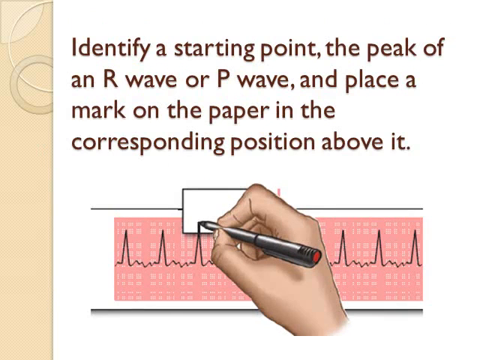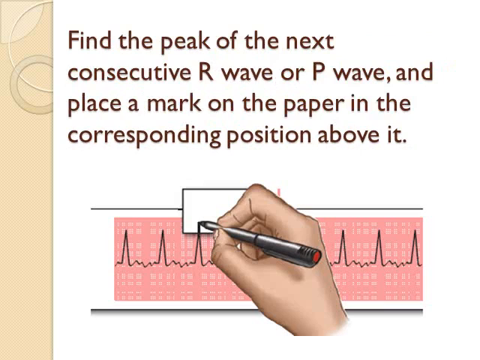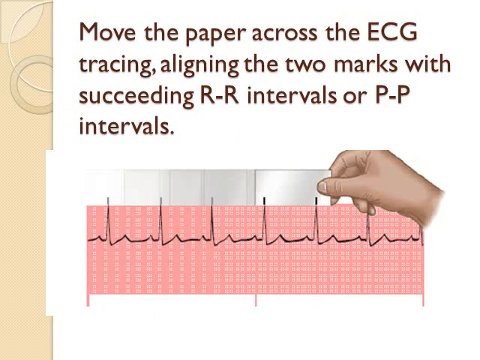Identify a starting point, the peak of an R wave or P wave, and place a mark on the paper in the corresponding position above it. Find the peak of the next consecutive R wave or P wave and place a mark on the paper in the corresponding position above it. Now move the paper across the ECG tracing, aligning the two marks with the succeeding RR intervals or PP intervals.